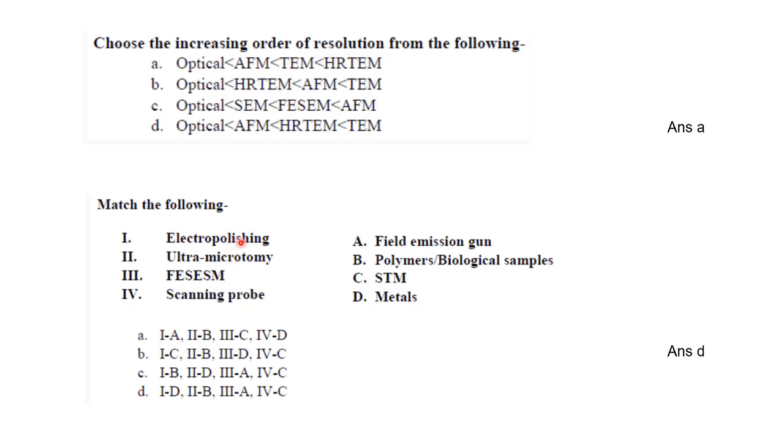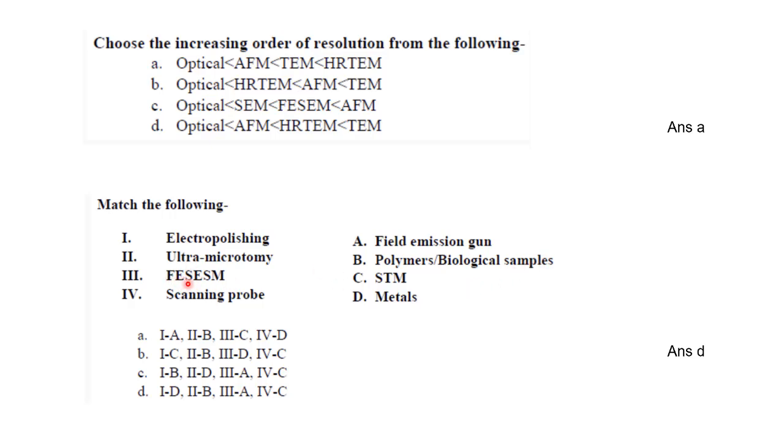Yeah, so the electropolishing is related to the metals. In the metals only we can polish the sample or deposit other element using the electro deposition technique or electropolishing also. Then ultramicrotomy, that is used for polymers or biological samples. Then FESEM, so this is a misprint.